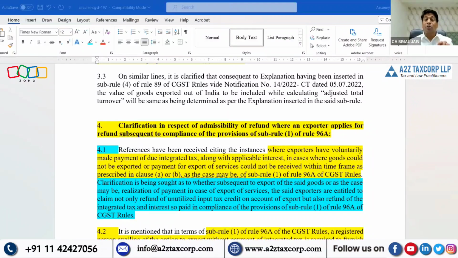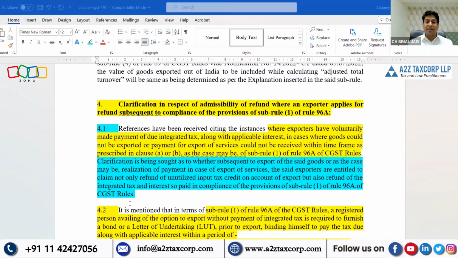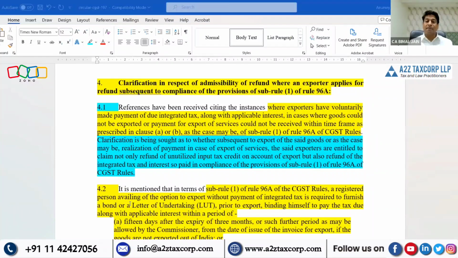So clarification was sought as to whether, subsequent to export of said goods, or as the case may be, realization of payment in case of export of services, the said exporter is entitled to claim not only refund of unutilized ITC on account of export, but also refund of IGST and interest so paid in compliance of the provision of sub-rule 1, rule 96A.